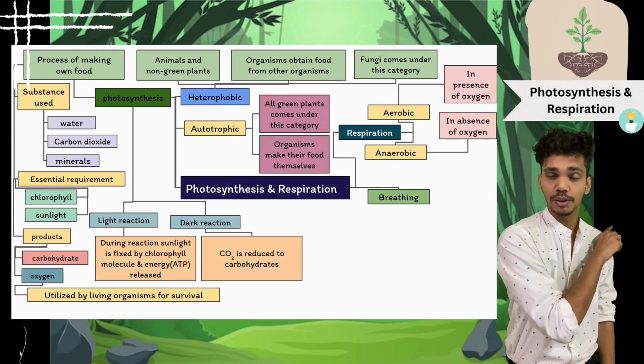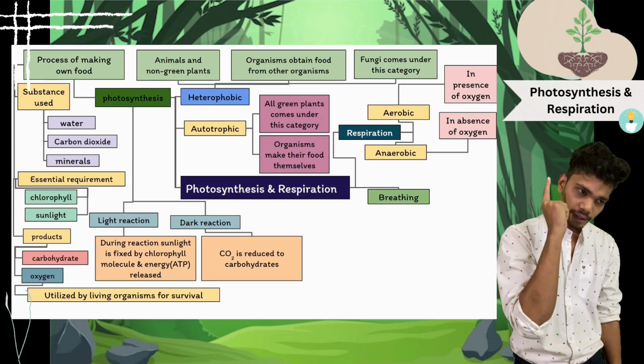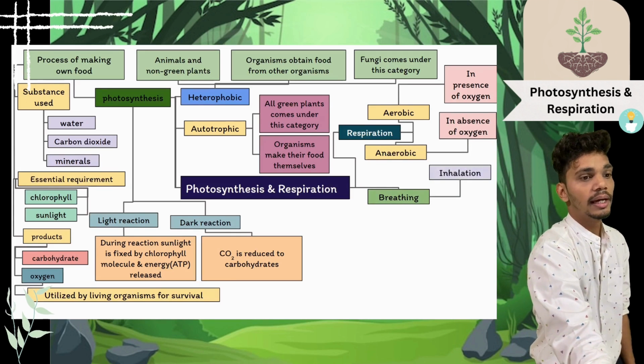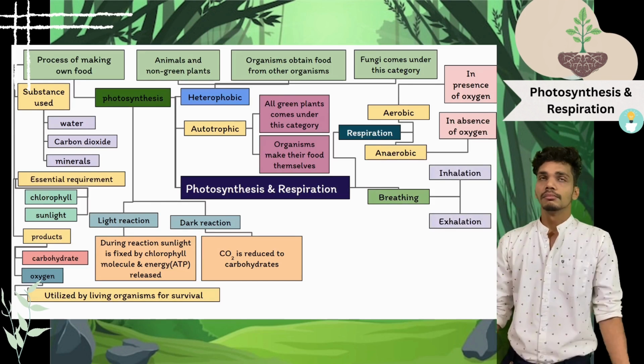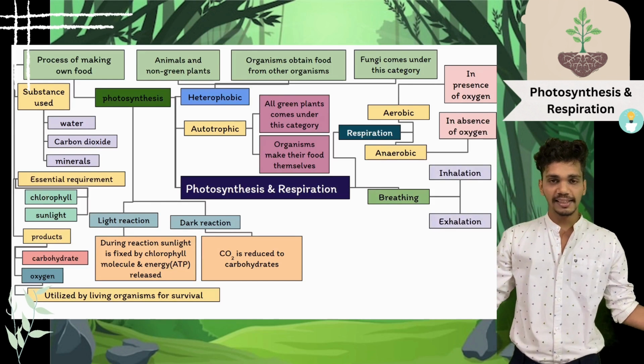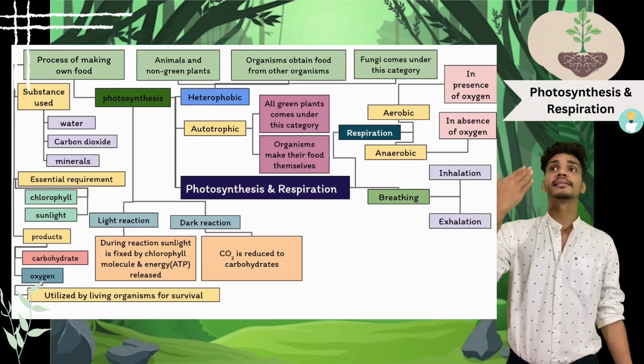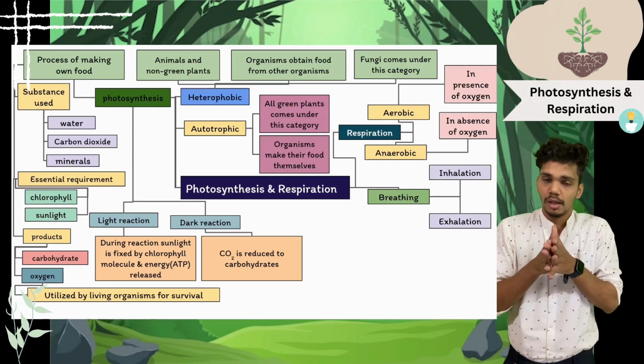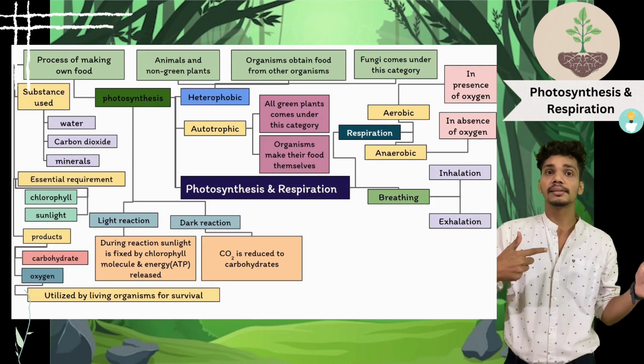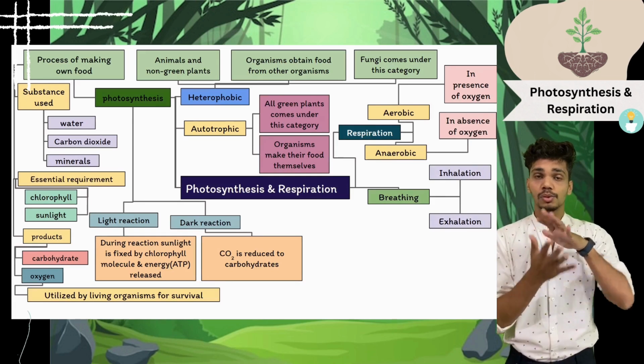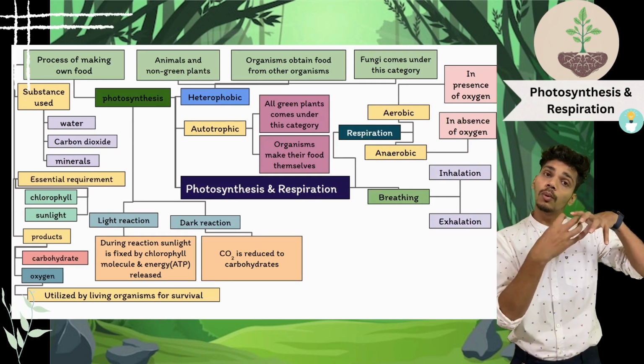So my dear students, you know that breathing is a part of respiration. Very good. Inhalation and exhalation. When you take air inside, the lungs increase in size. Then below the lungs, the blood vessels go to the alveoli.